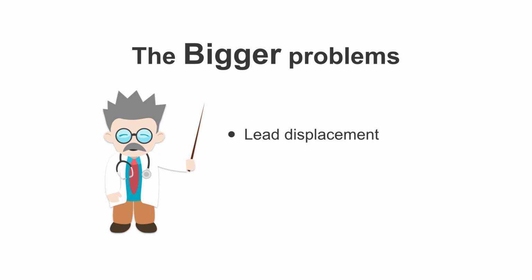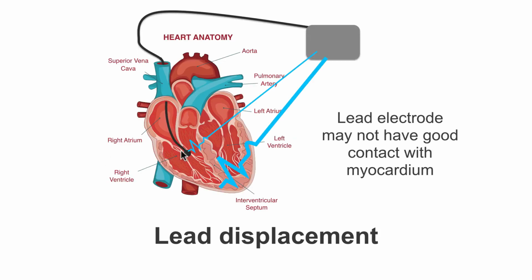This includes lead displacement, lead insulation break, or a lead fracture. Let's break them down. Lead displacement is where the lead has come away from the myocardium or the position that it is meant to be in. This occurs most commonly in the first 4 to 6 weeks after implant, where the pacing lead has not had a chance to fully fixate itself to the myocardium.